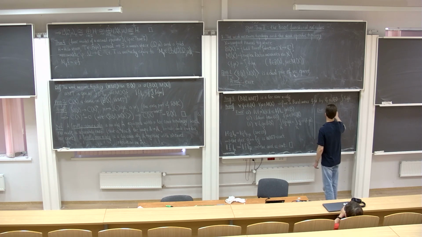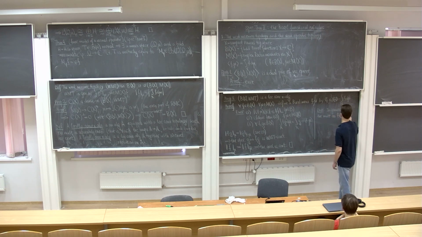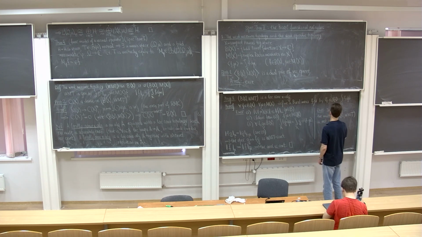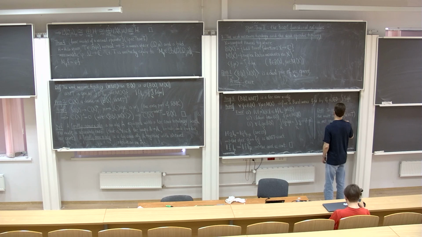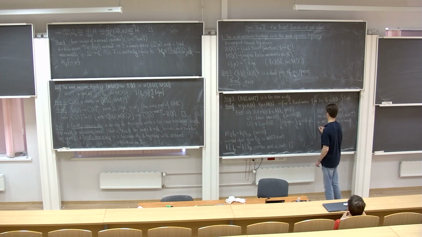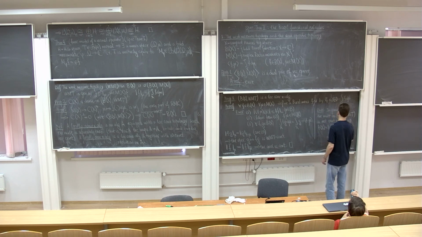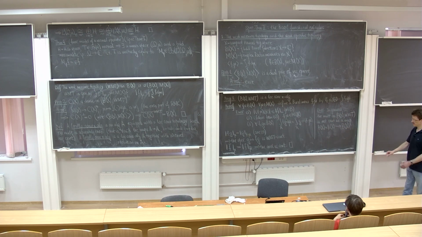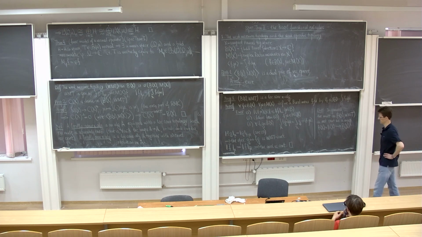In general, the multiplication on B of x with respect to the weak measure topology is not continuous as a map from the product B of x cross B of x to B of x. In effect, it is never continuous except for the case where x is finite.